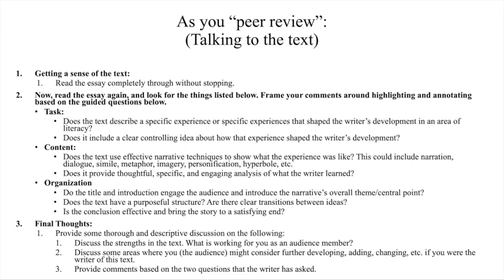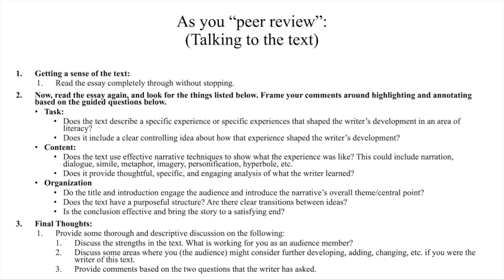The second one is to discuss some areas where you might consider further developing or adding or changing if you were the writer of this text. In other words, if this were your essay, what would you do? The third part is you're going to provide comments based on two questions that the writer has posed at the top of their text, and we're going to talk about that in a second.